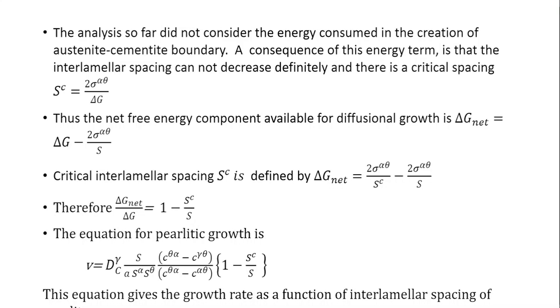So the multiplicative term introduced as a consequence is 1 minus SC by S. This equation gives the growth rate as a function of the interlamellar spacing of pearlite.